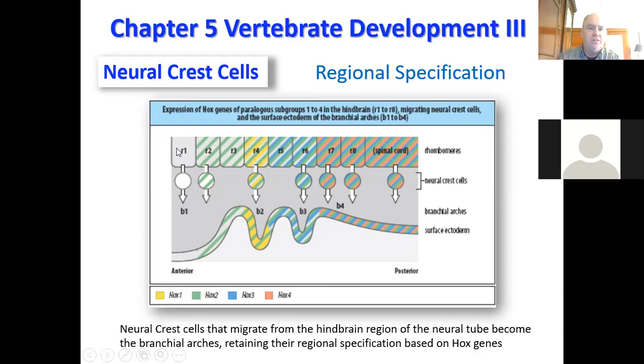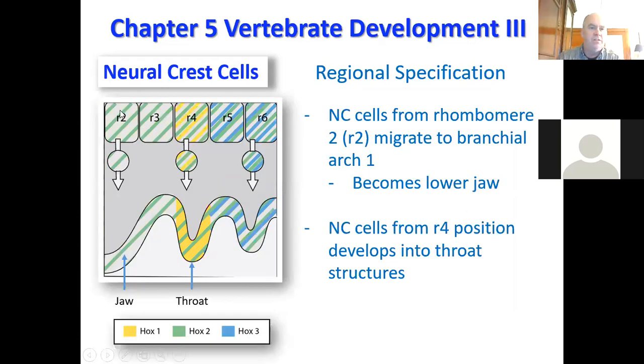What they're showing is that rhombomere 2 will always become what it is, jaw, and rhombomere 4 will become throat. And again, it's neural crest, so it starts out as neural tissue and then crawls ventrally and then becomes throat. But because of that Hox gene expression, these cells start out as just general neural crest cells and eventually differentiate into the mesenchyme of the throat.